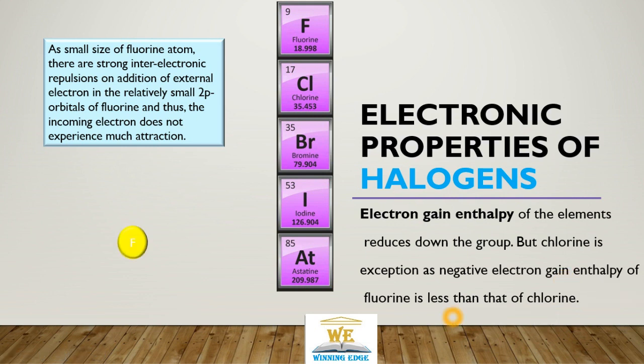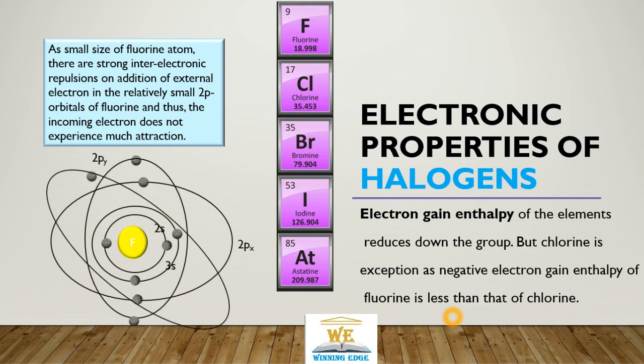Having a fluorine atom, these are the electronic configuration. One unpaired 2p electron, but because of the presence of all other electrons, addition of a new electron is not that easy. That offers a huge repulsion to the incoming electron, from all these electrons because of the small size of the fluorine atom.